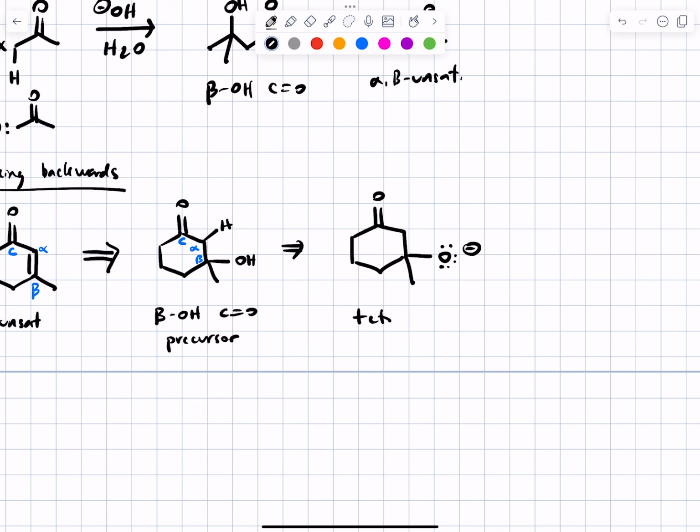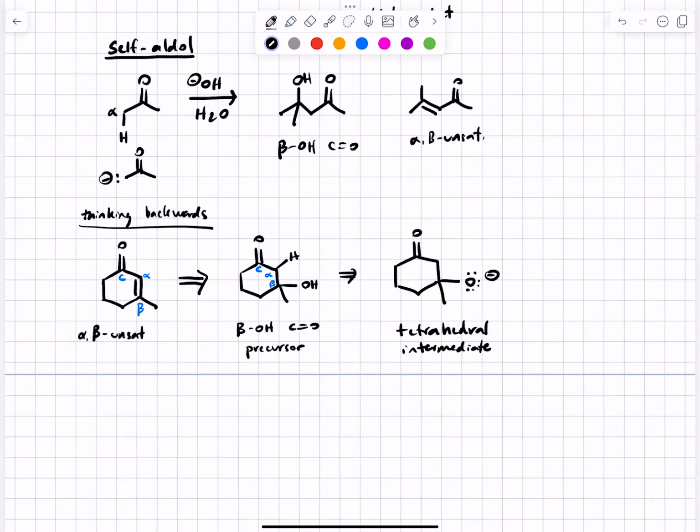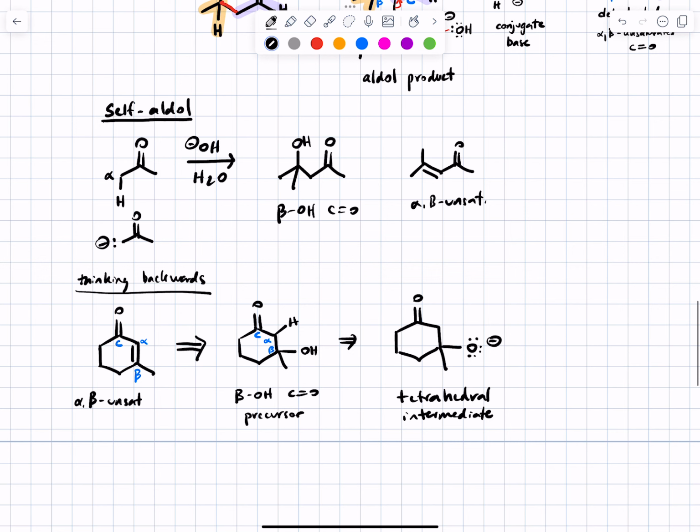And we'll notice that this is the so-called tetrahedral intermediate that we got after the nucleophile attacked the electrophile.